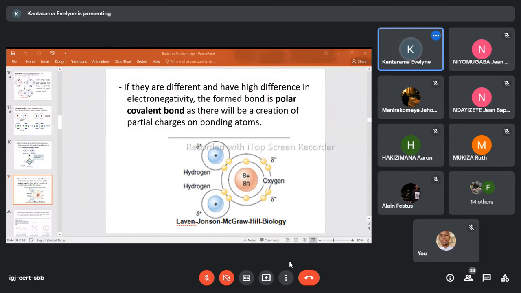Now, in polar molecules, we have partial charges. For example, in a molecule of water, remember this is partially negative and this is partially positive. So this attraction will form as long as we have this partial negative charge and partial positive charge in the medium, this interaction will occur.